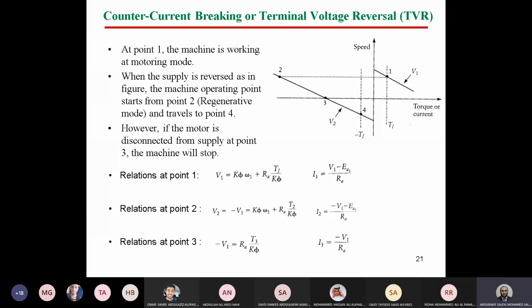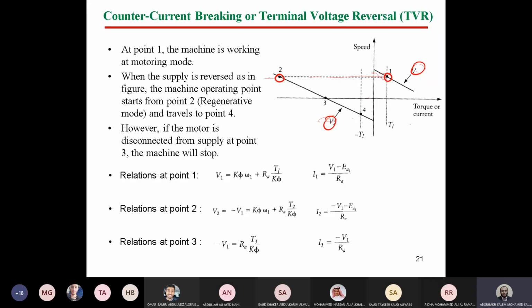Simply, for the first instance, if you change the supply from V1 to V2, which means you reverse the supply terminals, the operating point 1 will change to operating point 2 at zero speed change.